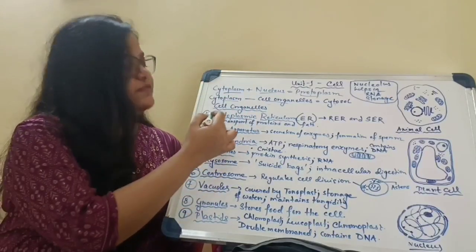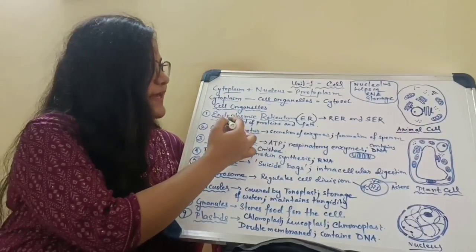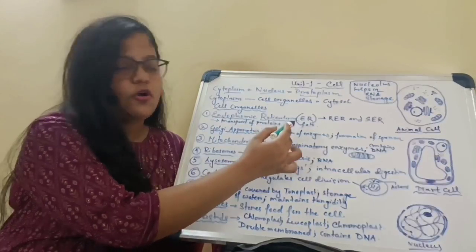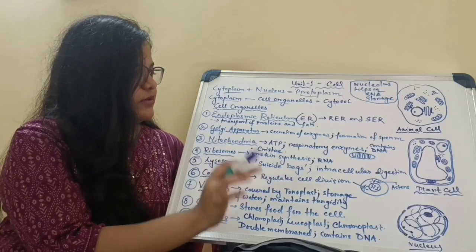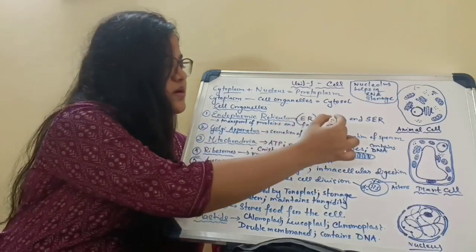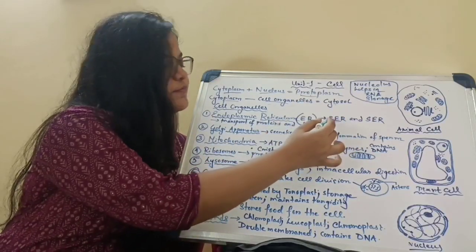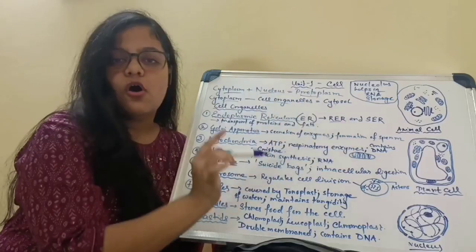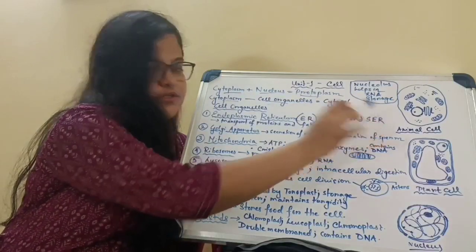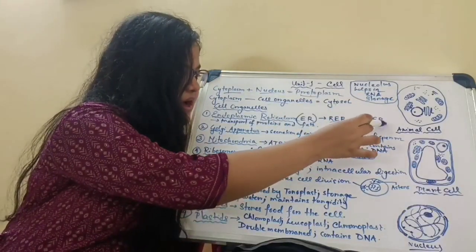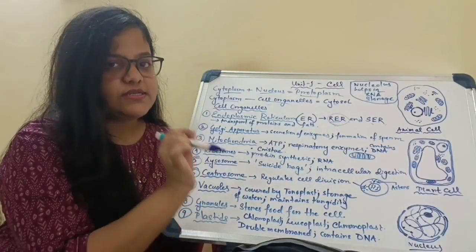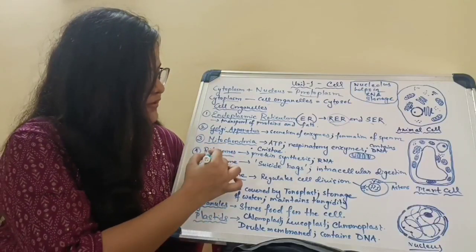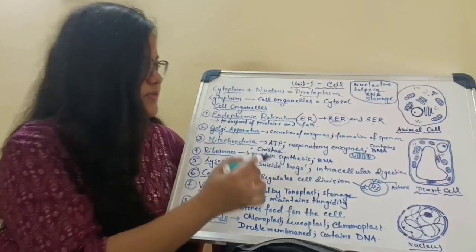Let's first start with the first one, which is the endoplasmic reticulum or the ER. Now, the endoplasmic reticulum is of two types: rough endoplasmic reticulum, which is RER, or smooth endoplasmic reticulum, which is SER. The roughness of the endoplasmic reticulum is due to the presence of globule-like ribosomes on it.